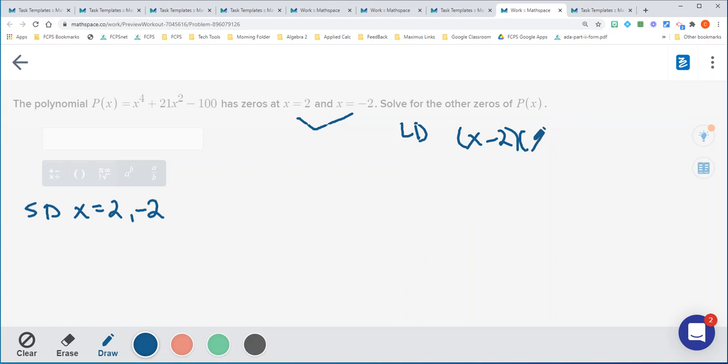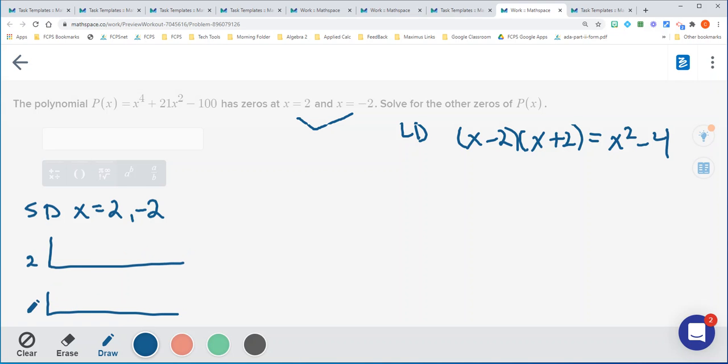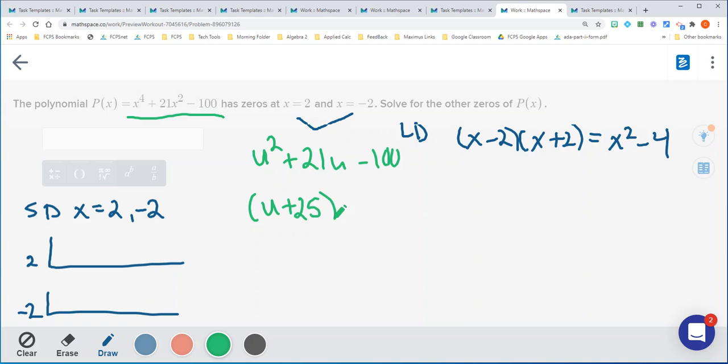All right, so I'm going to turn them into with long division, or don't forget that we have this thing called regular factoring, okay? U squared plus 21U. Okay, we have regular factoring here, which is U plus 25, U minus 4.